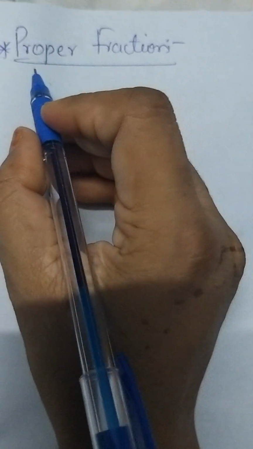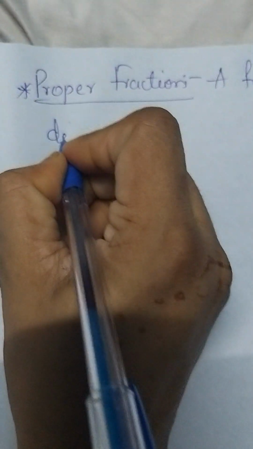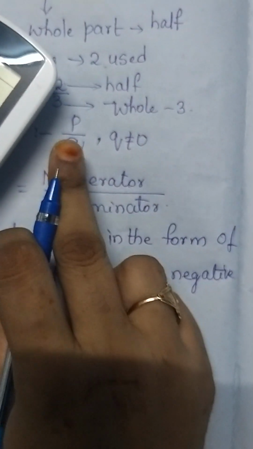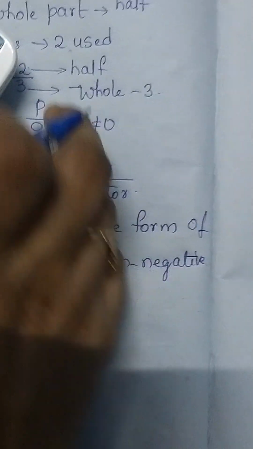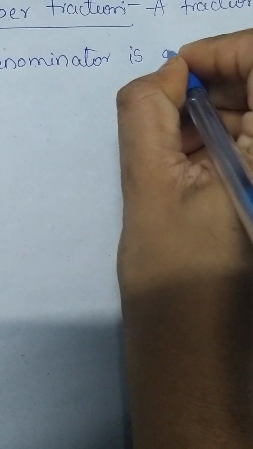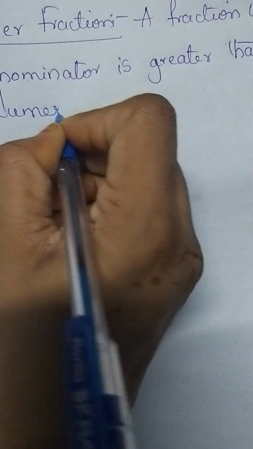Thank you, children. Proper fraction means a fraction whose denominator, that is q, the down part, and numerator means the upper part. So a fraction whose denominator is always greater than the numerator, children, is a proper fraction.